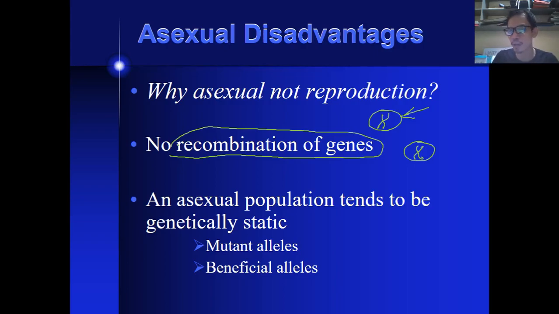Another disadvantage of asexual reproduction is that the population tends to be static. What do you mean by that? It means the genes in the population don't change.